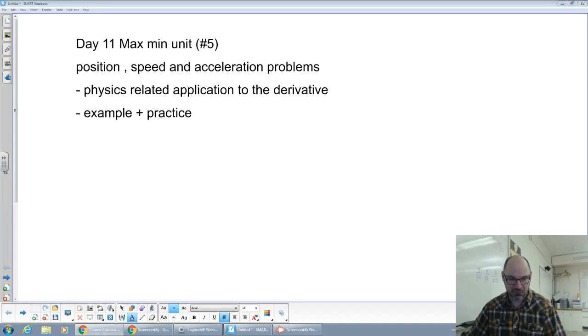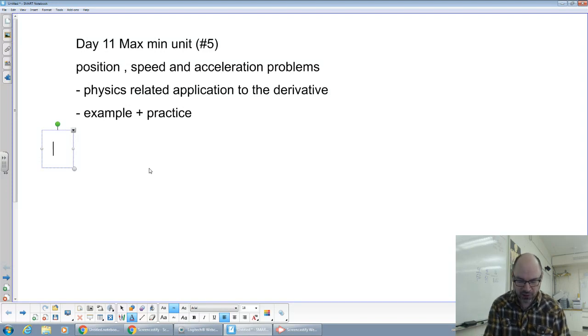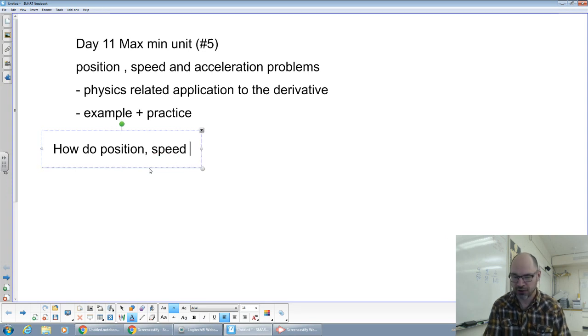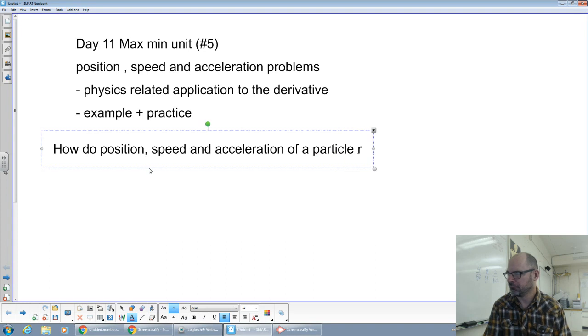Okay, so we're into max min problems, and we're going to be looking at the speed, acceleration, and distance problems in detail. So the first thing we should know is that this is an application of derivatives. Okay, so how do position, speed, or velocity if you like, another word for speed, and acceleration of a particle relate?